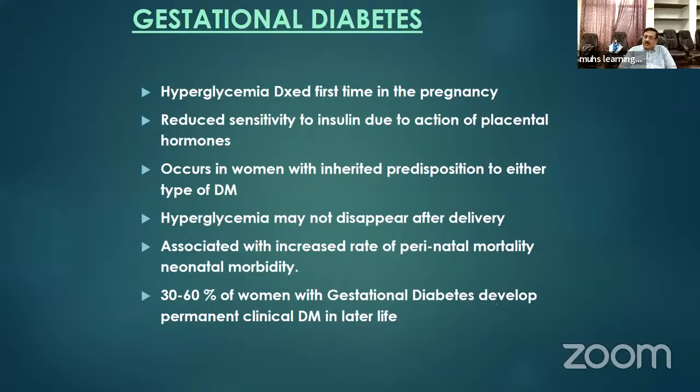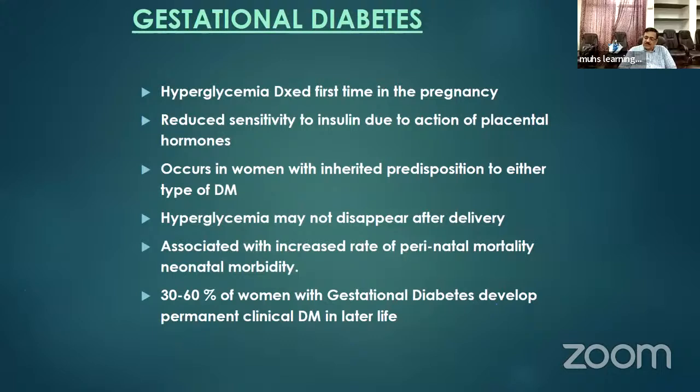So what is there? If the person is diabetic and then goes for pregnancy, what can happen? These patients will have chronic hyperglycemia, which will be dangerous to the fetus in the long term. And particularly what is important in this, there is an inherent predisposition to either type of diabetes.